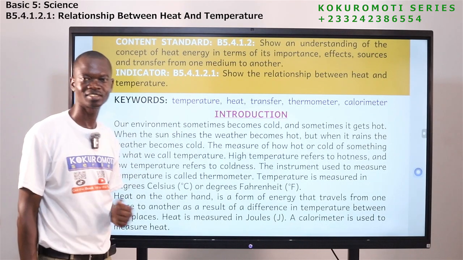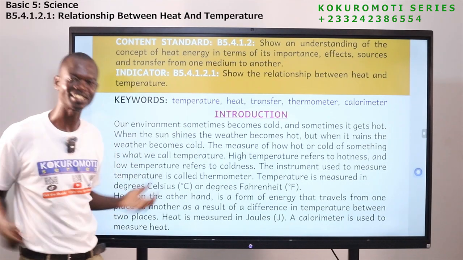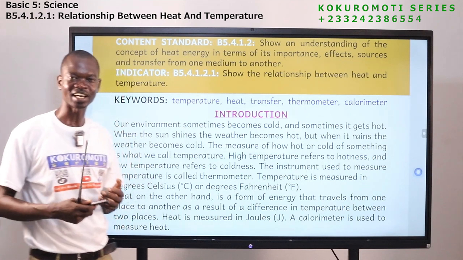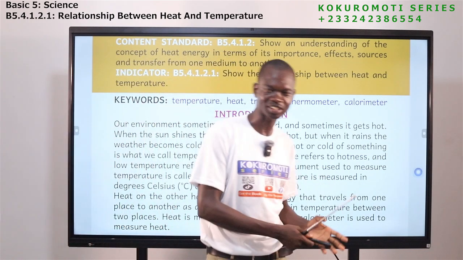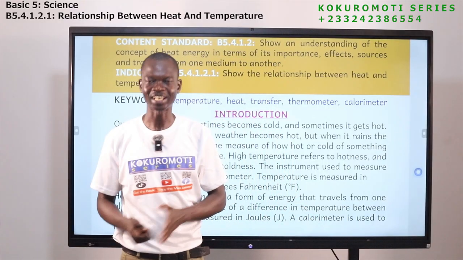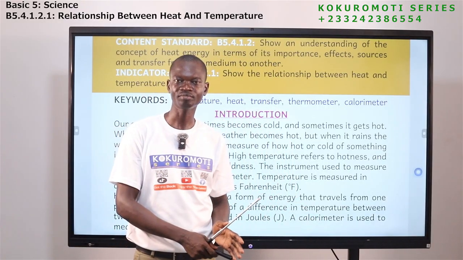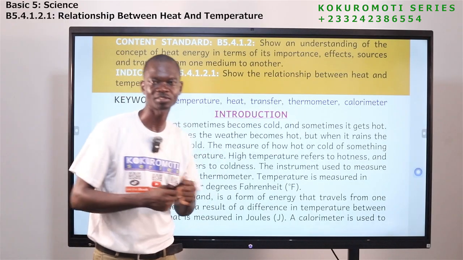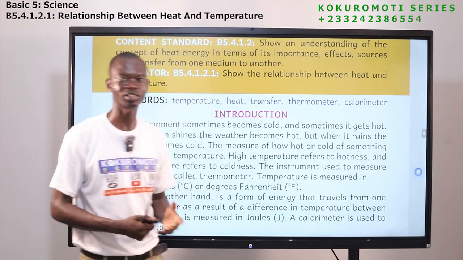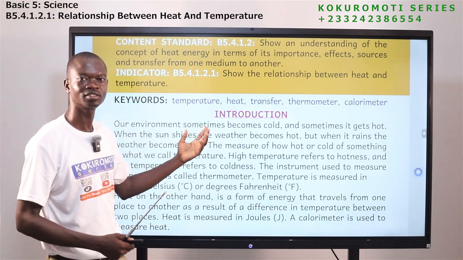The first word is temperature. What is temperature? Temperature is the measurement of how hot or cold a substance is. So how hot a substance is, how cold a substance is. The measurement is what? Temperature.